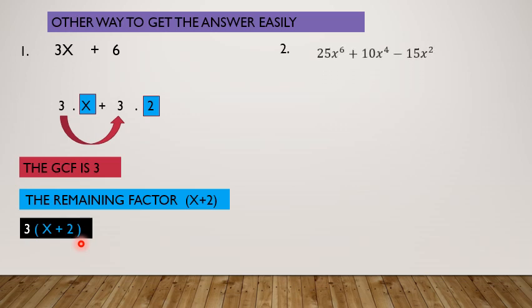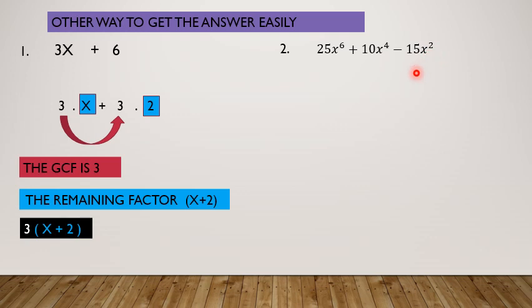Number 2. 25 x raised to 6 plus 10 x raised to 4 minus 15 x raised to 2. Pwede rin natin basahin 25x to the 6th power plus 10 x raised to the 4th power minus 15 x raised to the 2 power.